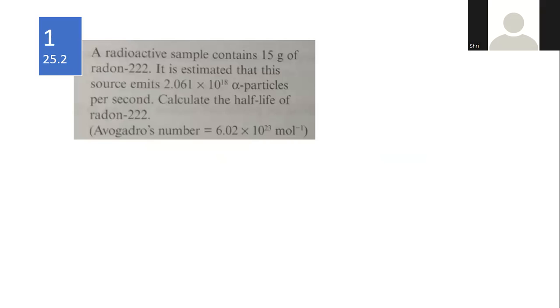What's the answer? As always, go to this formula. Number of moles is number of atoms divided by Avogadro's number, or mass of the substance divided by molecular mass of the substance.